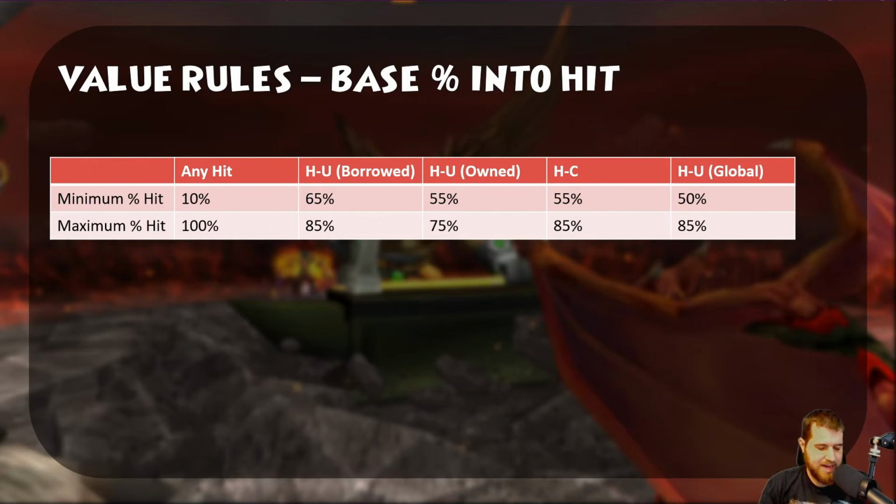Dots are kind of a gray area, but we'll get into that. So the maximum for any hit is 100%. You'd think, duh, it can't be over 100%. But there are some spells that are banned for being over 100%. You mostly see this with lore spells. The top paths have more than 100% into the hit.